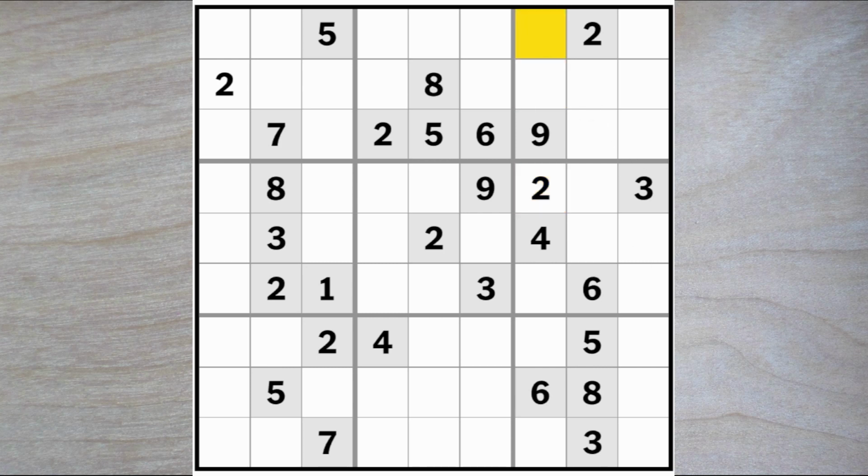Three must go up here somewhere. And 8 here, that's no good. Four blocks up and over.